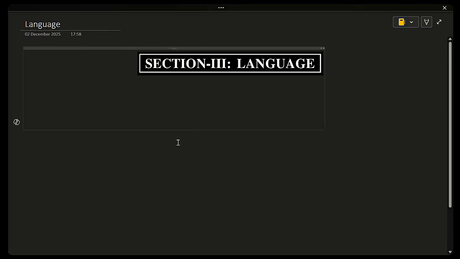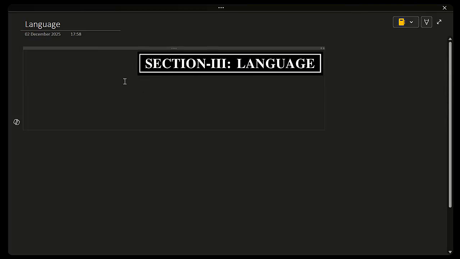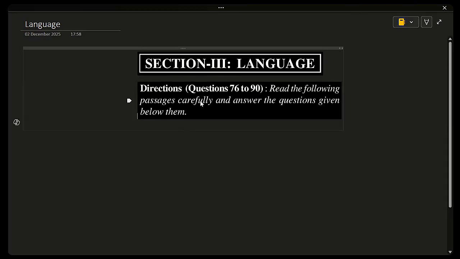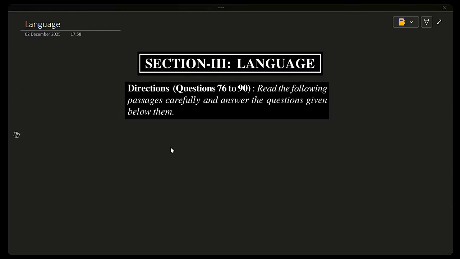Section 3, language, and the first passage we will take. Questions 76 to 90. The directions are: read the following passages carefully and answer the questions given below them. So passage number 1.